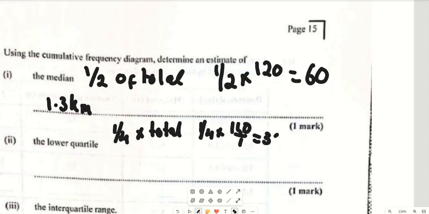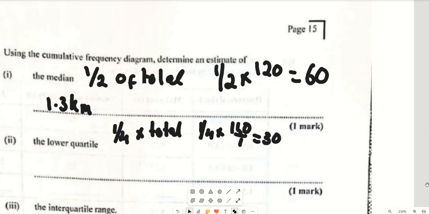The lower quartile, right, I believe is a quarter of the total. A quarter of the total, which is a quarter multiplied by 120 over 1, which is equal to 30. So we know our lower quartile is when my cumulative frequency is 30.